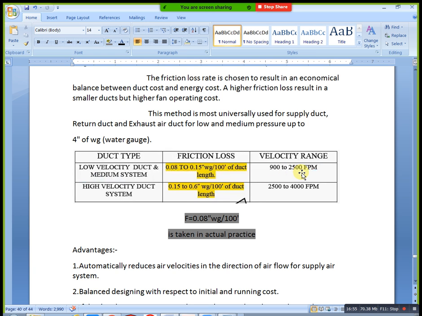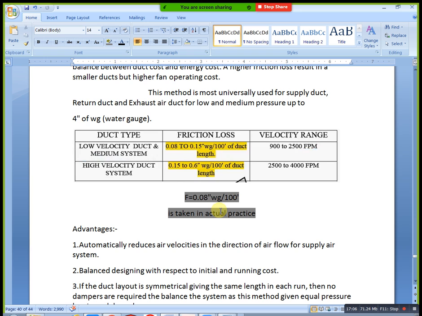Next, the high velocity duct system. In actual practice we take this value, F equal to 0.08 inch. In India we take 0.1 also in some situations. I will explain why we take that also.